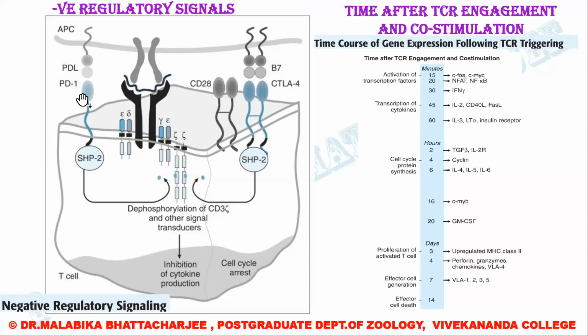So the expression of this molecule occurs just within hours of TCR activation. The moment the PD ligand is expressed and this engagement is occurring, the signaling cascade is stopped at the early hours and the T cell is prevented from further activation.